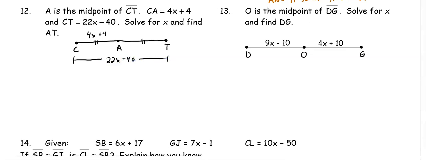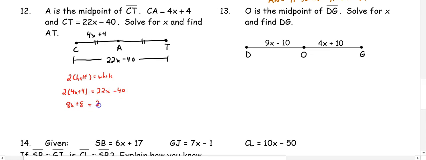Now, in this case, you only have half the line and the whole line. So remember that you need two halves to equal a whole. So we're going to have 2 times 4x plus 4 is equal to 22x minus 40. So we get 8x plus 8 is equal to 22x minus 40.